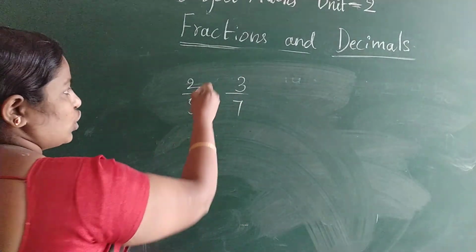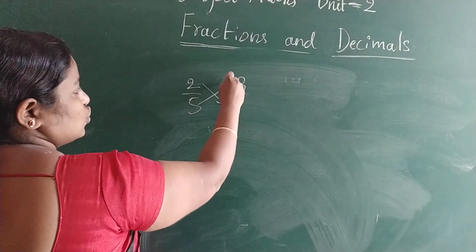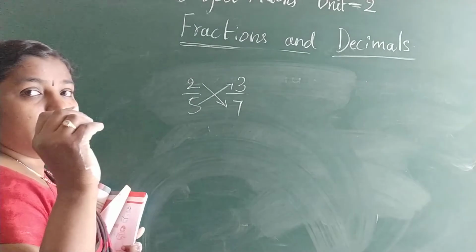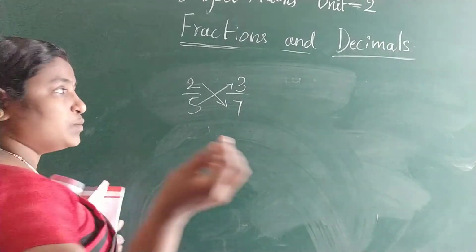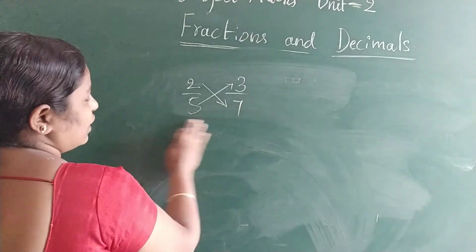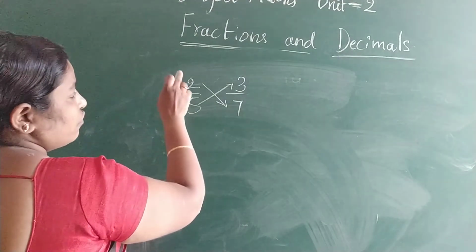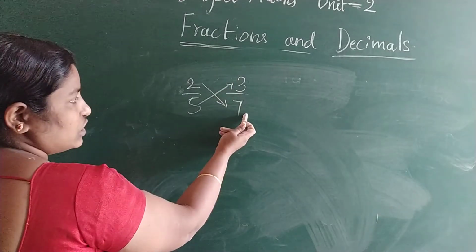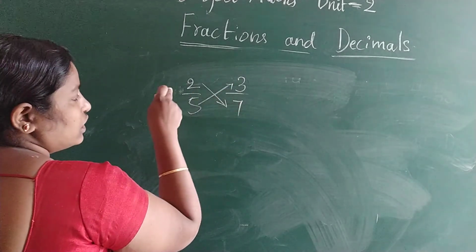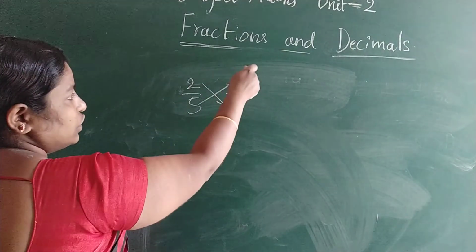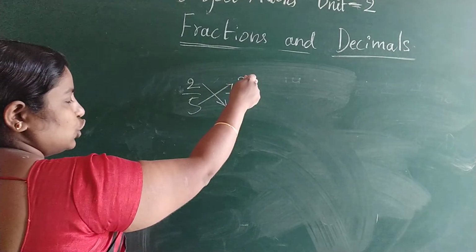In this case, you should go for cross multiplication, or identify the cross product. What is the cross product? Multiplying the first fraction's numerator with the second fraction's denominator, and the first fraction's denominator with the second fraction's numerator.